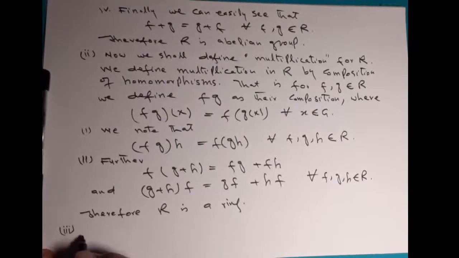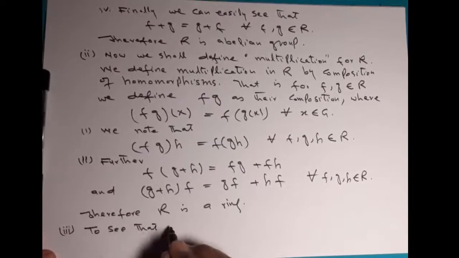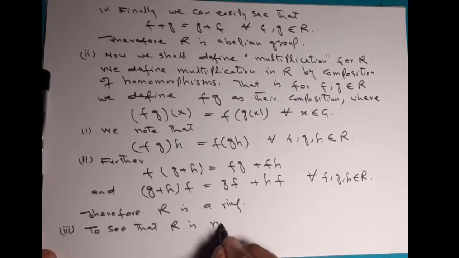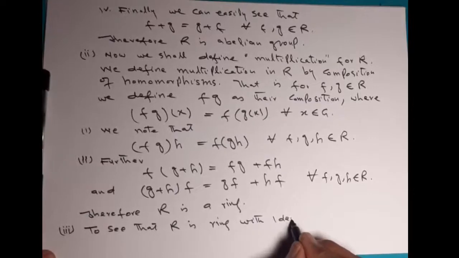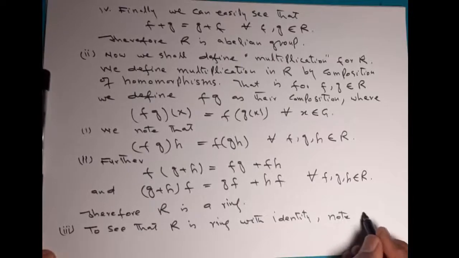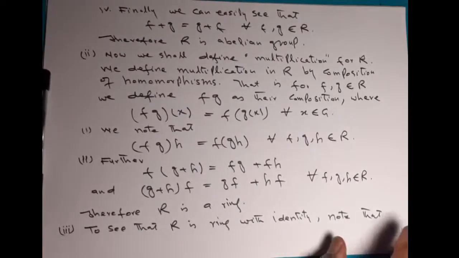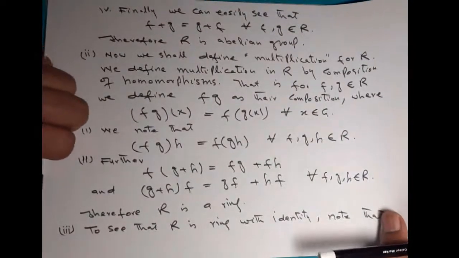For this purpose, note that the identity homomorphism or identity endomorphism is the identity element with respect to composition in this ring.